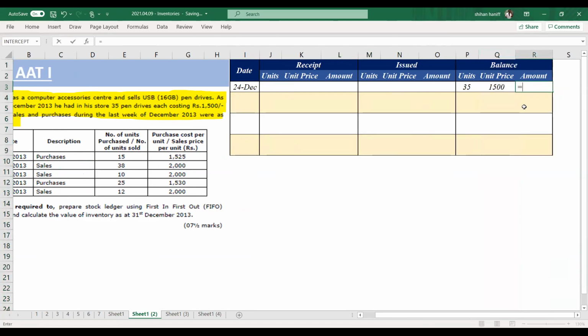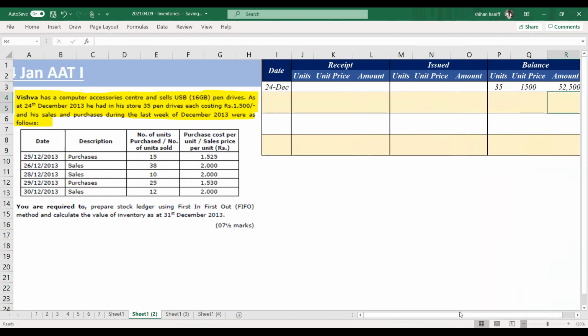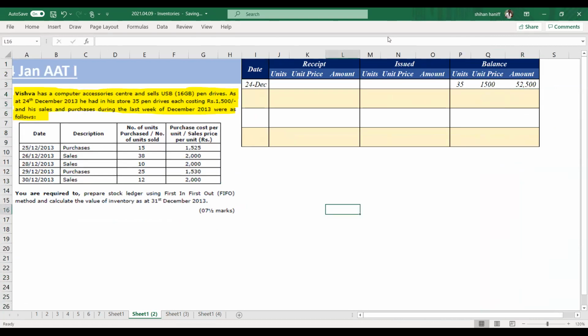So if you multiply 35 into 1,500, it will be 52,500. That's the opening balance on 24th December.